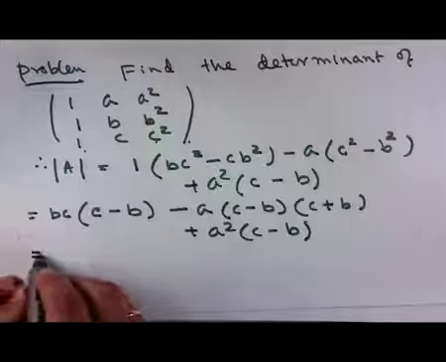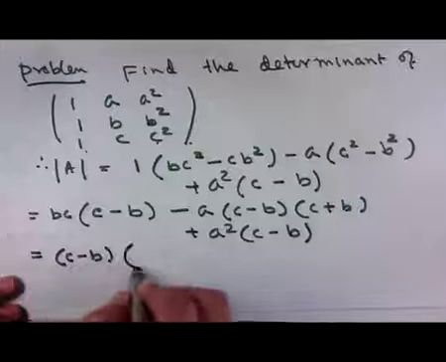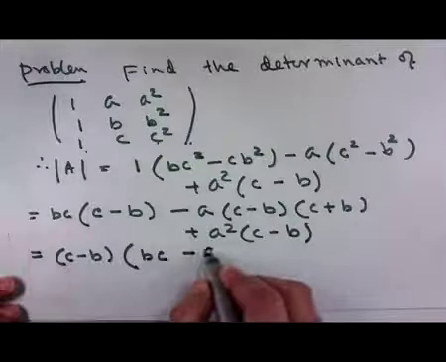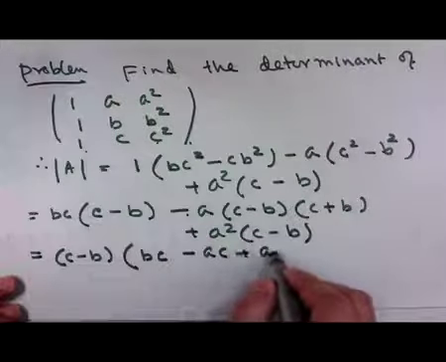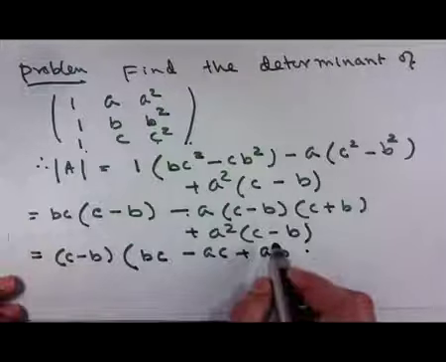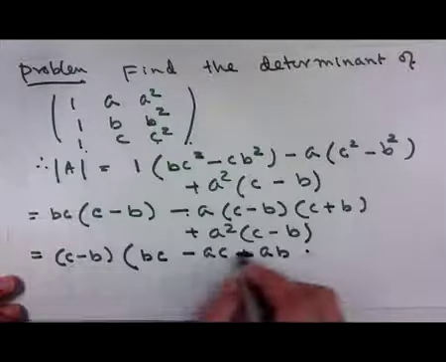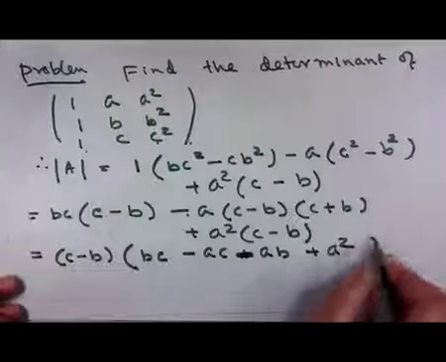Is equal to, if I take (c minus b) as common, bc minus ac plus ab minus ab plus a square.